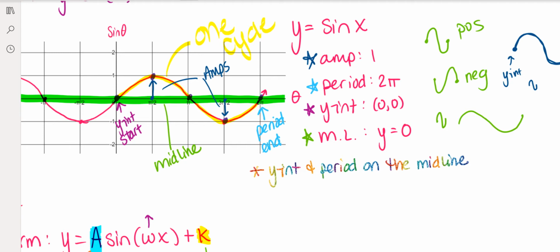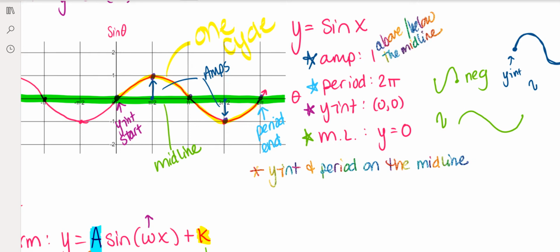So when we are identifying the amplitude, yes, we can say it's 1, but we need to be specific that the amplitude is, and I'm going to make a note over here, the amplitude is 1 above and below the midline.